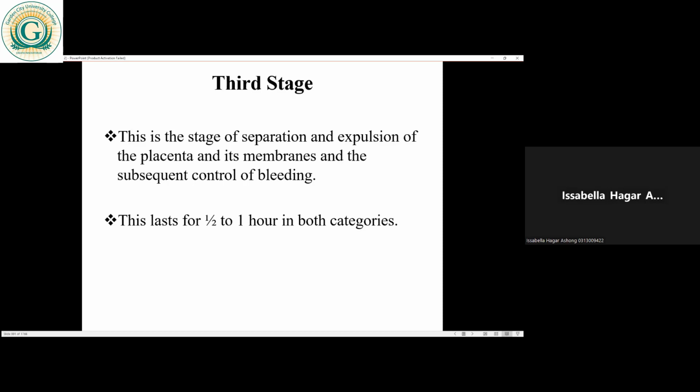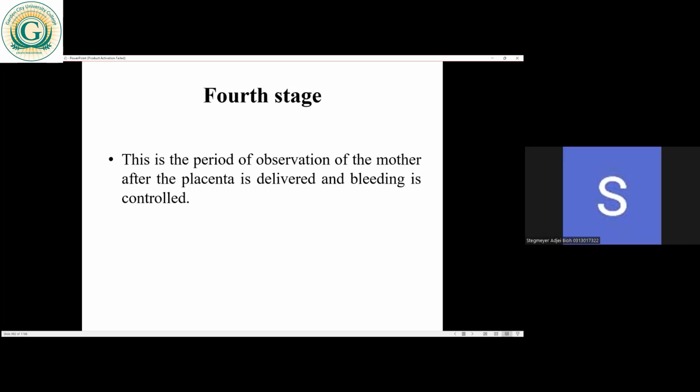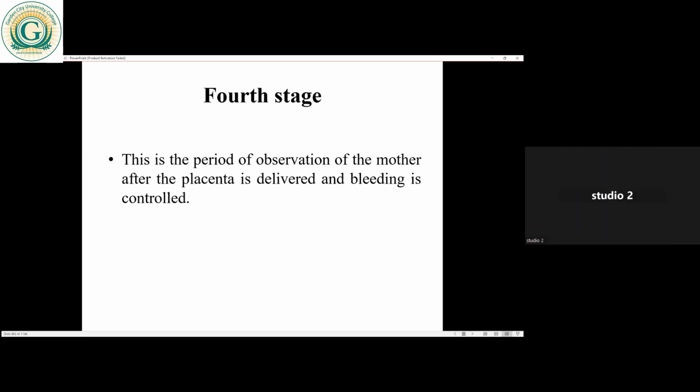These hours are very, very important. The fourth stage is a period of observation, when the woman is observed after the baby is delivered and taken away.